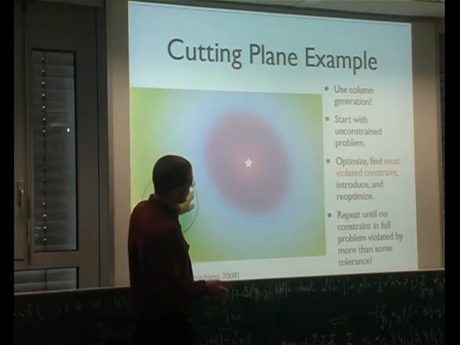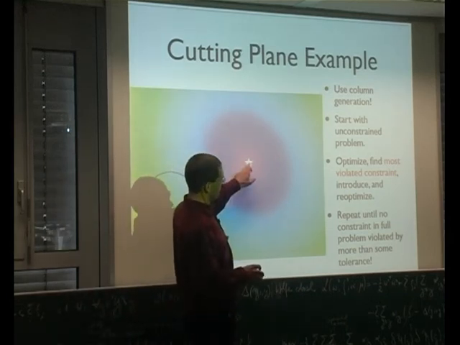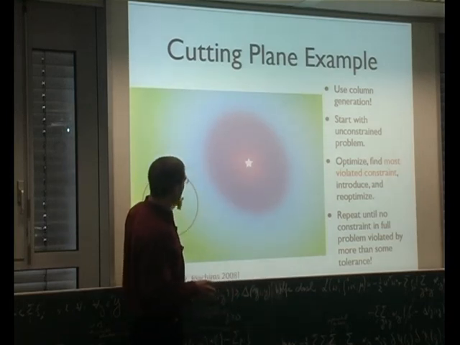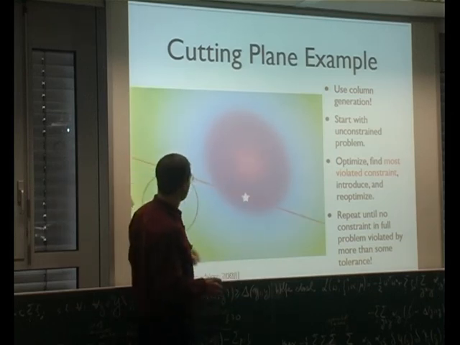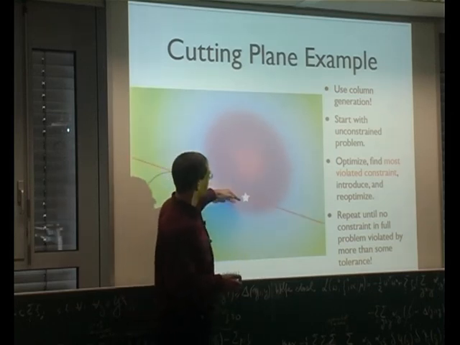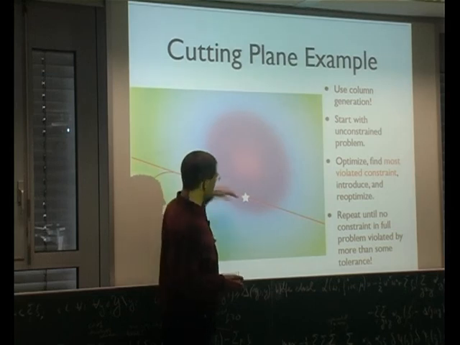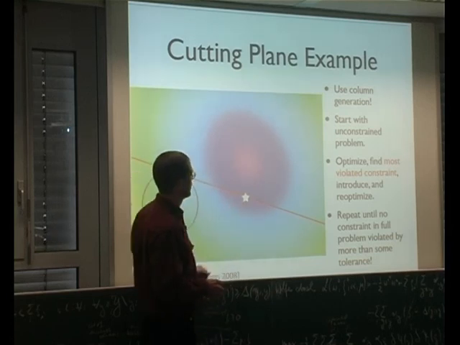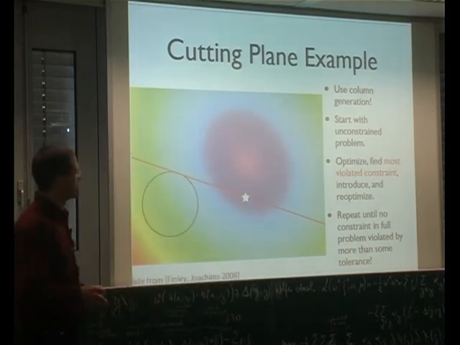And without constraints initially, okay, we go to this minimum, which is not feasible. We now identify a constraint that was violated by the solution. So this constraint here, and then given this constraint, solve again. And now given this constraint, the current best solution would be this one. This is closest to the global optimum here.